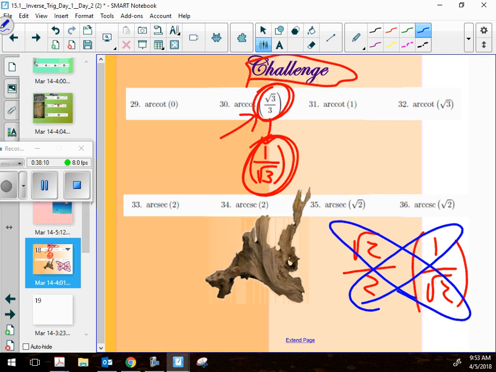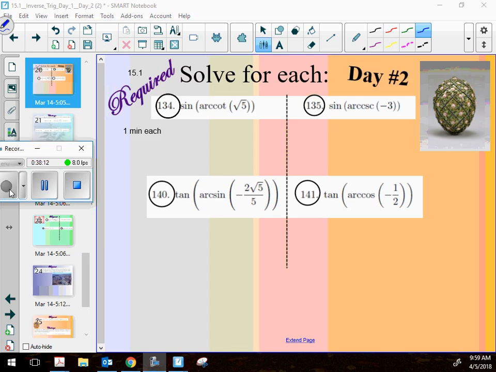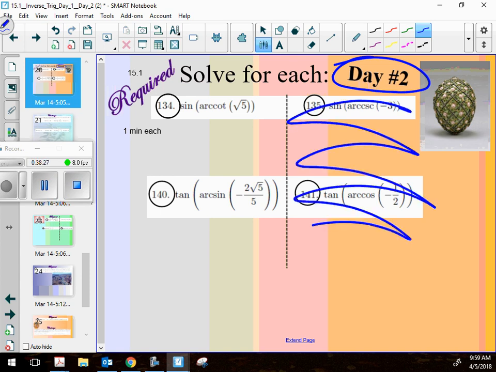All right. Pausing. Okay, so here are the ones I want you to do for tonight. See how it says day 2? A lot of these are similar to what we just did last night, so that means to me we don't have to do that many of them. How about if we skip the ones on the right side? We'll just do the 2 on the left side.